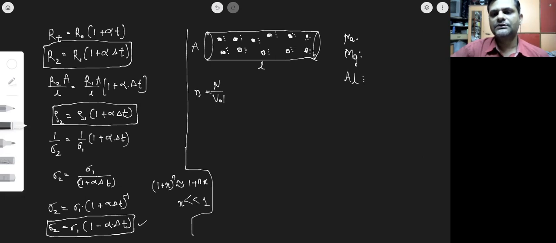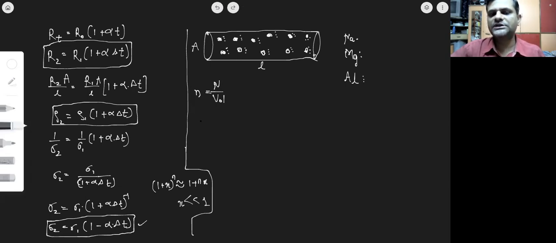These free electrons will not just remain along with those atoms. Actually, they will be free to move anywhere in the whole conductor, and that's why we define the number of electrons per unit volume to be the number of electron density.